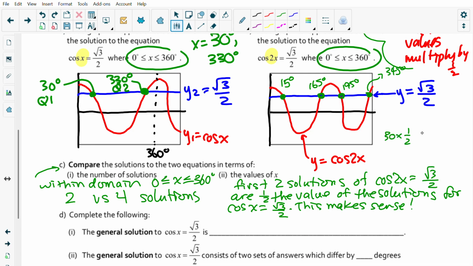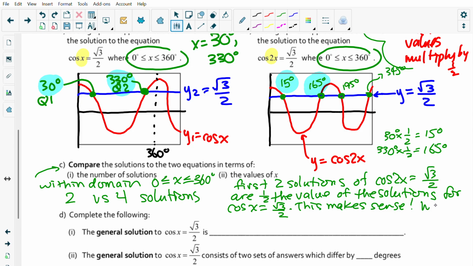Okay, so 30 times 1/2 equals 15 degrees. 330 degrees times 1/2 equals 165 degrees. Okay, so 30 degrees, 15 degrees. 330 degrees, 165 degrees. So we can see the transformation in action there. This makes sense.